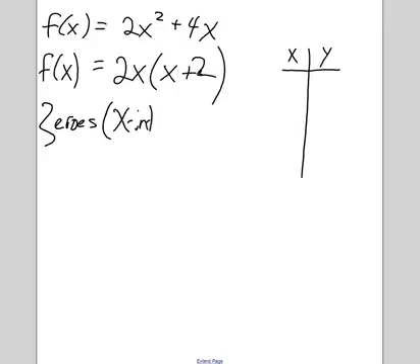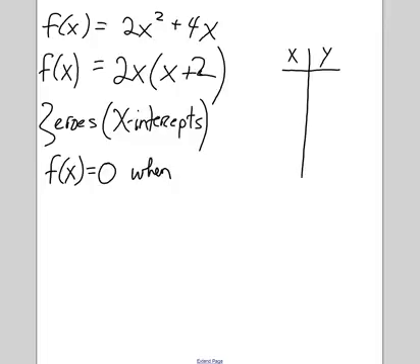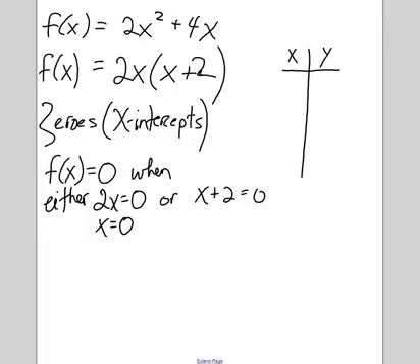Okay, the x-intercepts are easy points to use because they are symmetry points. Okay, they're on opposite sides of the axis of symmetry, and in this case, the y value, also the function value, would be 0 when either, and it can't happen at the same time, so we say either/or, either 2x equals 0 and x equals 0 would satisfy that, or x plus 2 equals 0 and x equals negative 2 would satisfy that.